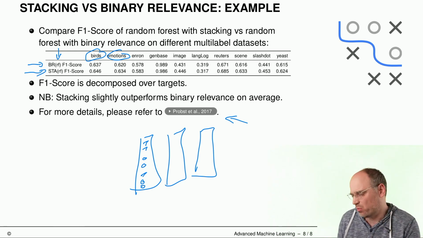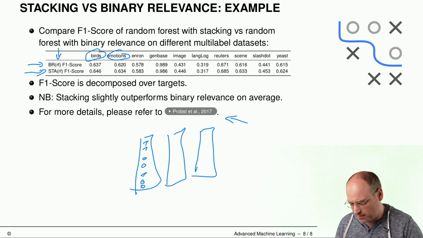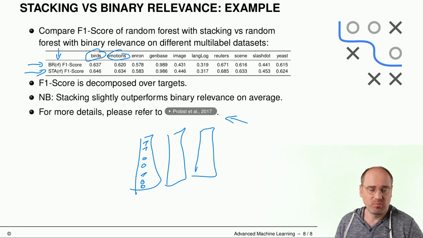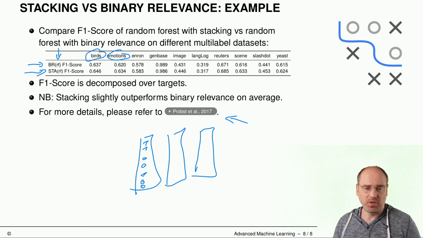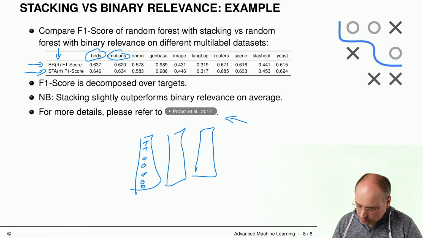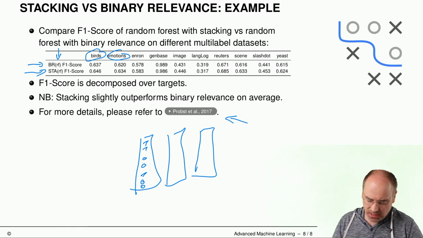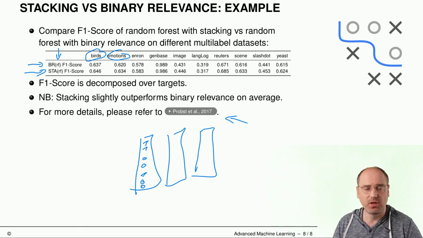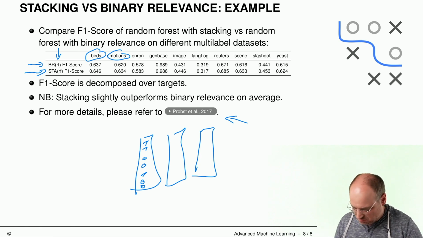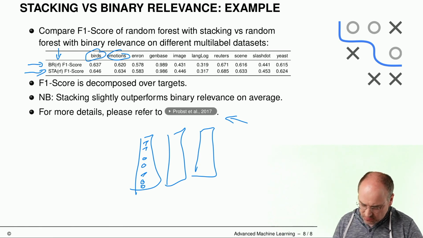It doesn't always have to be the case, but it's quite likely that these will be quite imbalanced. So it might be interesting to consider a learning algorithm that can handle these imbalanced problems a bit better, or to use a performance metric that takes this into account. We didn't really do anything on the modeling level, just took the random forest out of the box, but at the very least we try to measure this properly by using the F1 score, this average F1 score over columns, in evaluation.